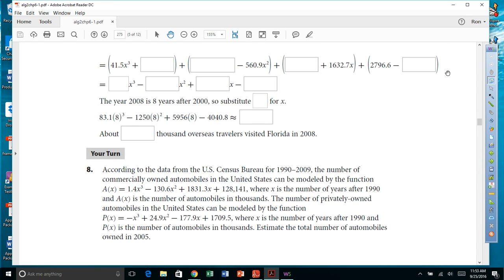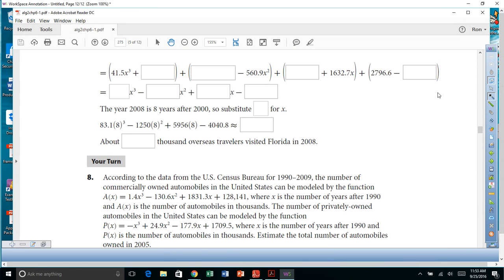So what is step 1? Make sure they're in decreasing order. What is step 2? Combine like terms.